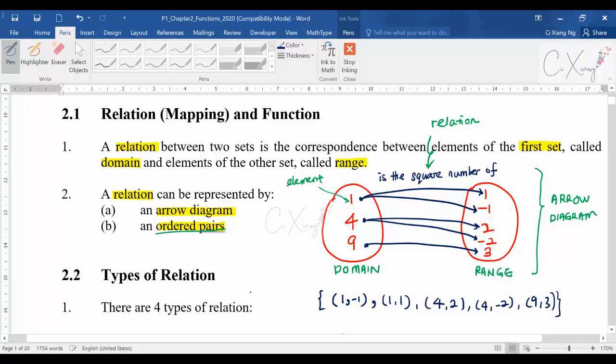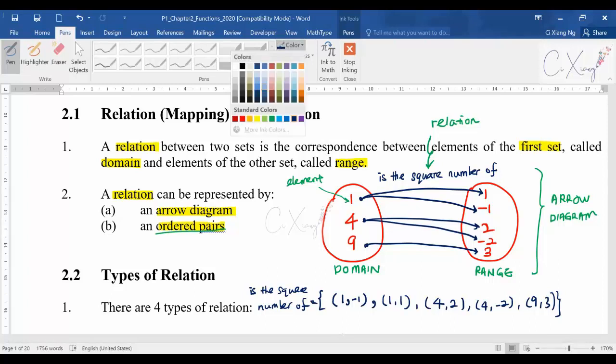Maybe in front you will write "is the square number of". So this is how we write a function or relation in ordered pairs.